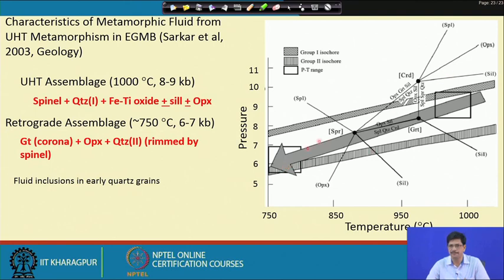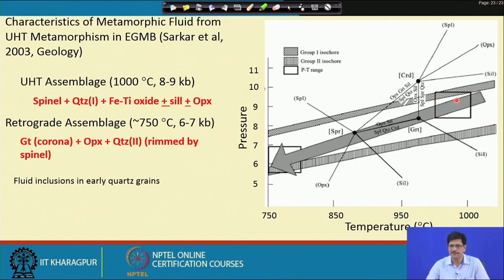So, it is an interesting case where the fluid turns out to be a pure carbonic fluid, not getting into much discussion about what could have been the origin of that kind of carbonic fluid.